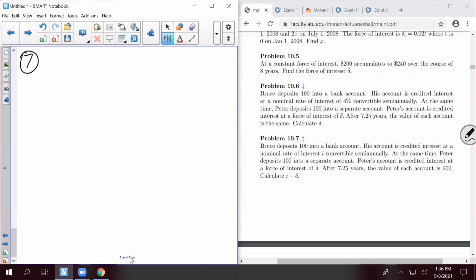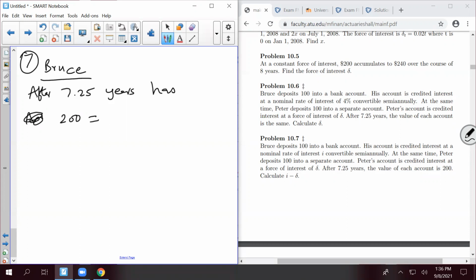Okay, so let's focus on Bruce first. Bruce deposits 100. So what is the time at which we are interested eventually? 7.25 years. After 7.25 years, Bruce has how much? 200.